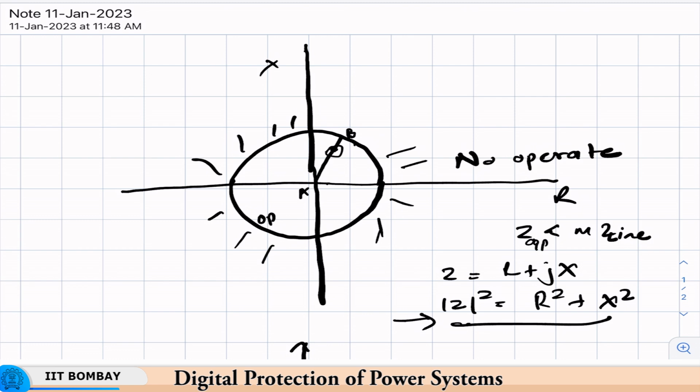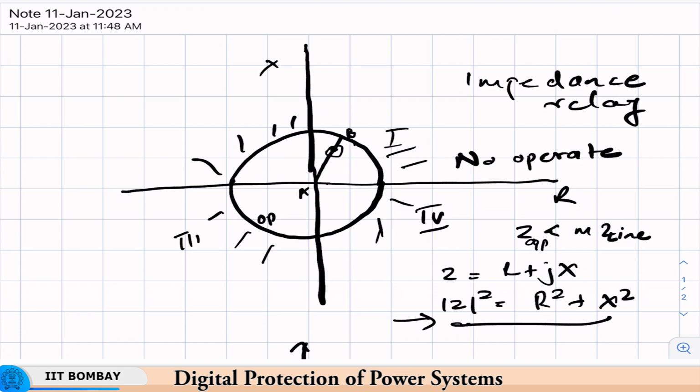Hence, this particular realization of the distance relay, the impedance relay, is not directional. You can notice that in this case, whether the locus of the impedance is in the first quadrant or the fourth quadrant or the third quadrant or the second quadrant, the relay will still operate, or issue a trip command.